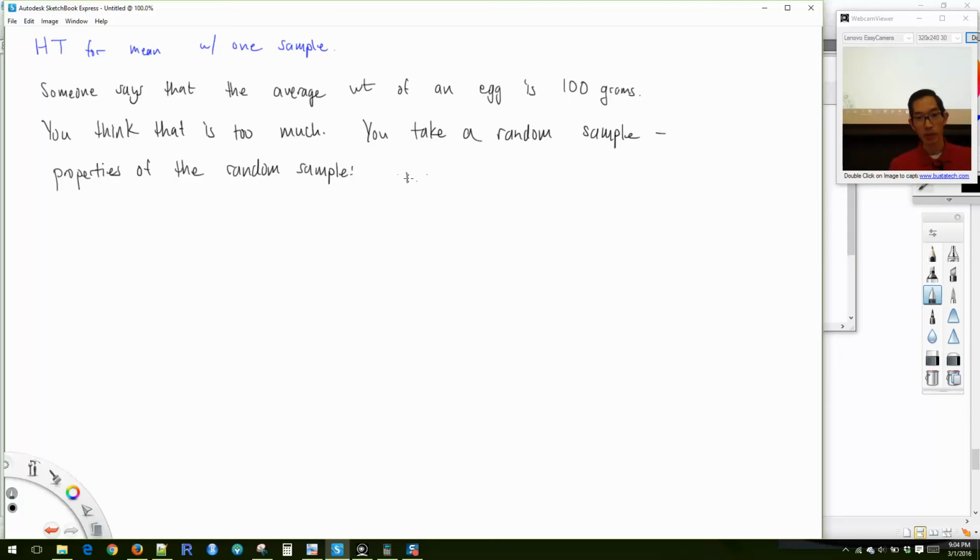Okay, so we took 20 eggs. Our average weight was 65 grams. And our standard deviation, let's say, is 15 grams.